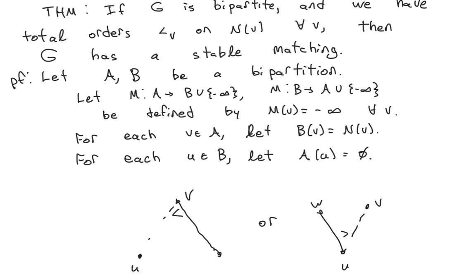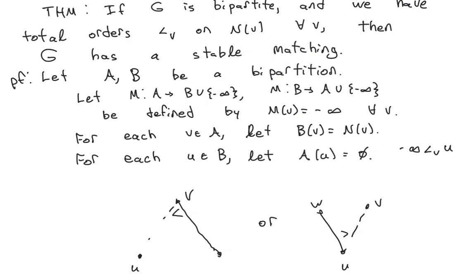We start by making the matched partner of every vertex negative infinity. This negative infinity is a new vertex that's not in your original vertex set, and for any of these orders, negative infinity is less than everything else.